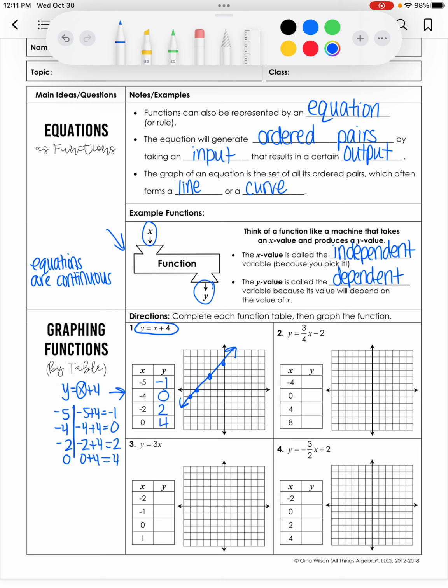So for number 2, our new equation is y equals 3/4 x minus 2, and this is totally fine that you can use your calculator to type it all in.